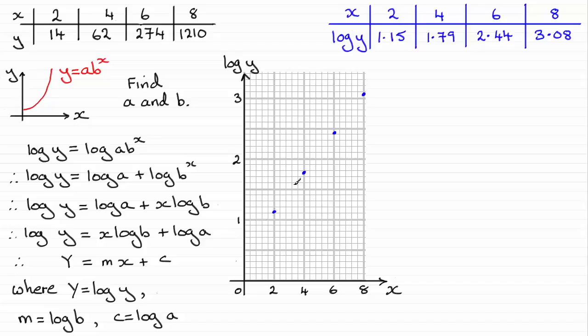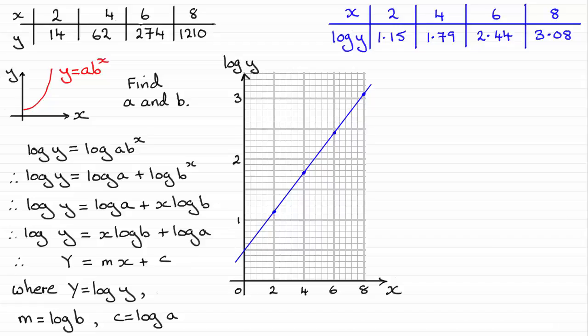Okay, you can check these points out against the values in the table. And if we draw a line of best fit, it's going to look something like this. And what we're interested in is, first of all, the value of c, which is equal to log a. That is the intercept on this axis. And looking at this, I can see it's 0.5.